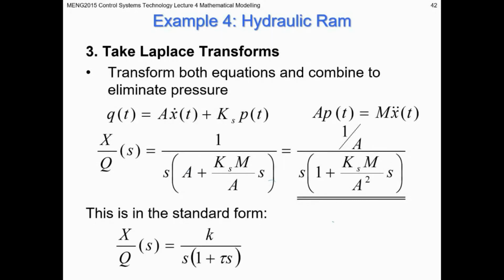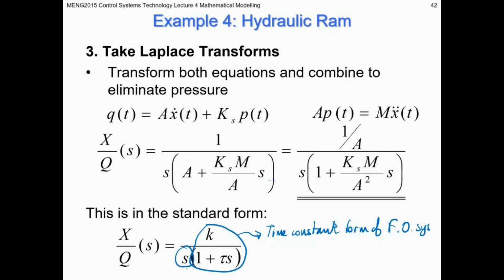We can express that in our standard form, which looks just like what we had before for the first order system in time constant form, but we have the extra s, and that extra s means that it's actually a second order system, but it's not really called a second order system.